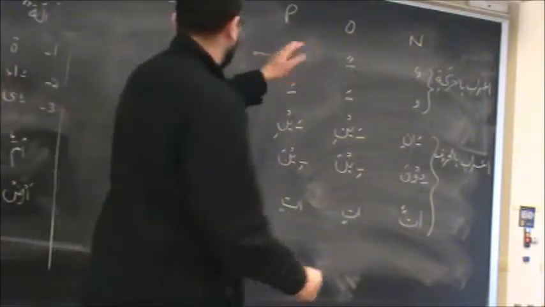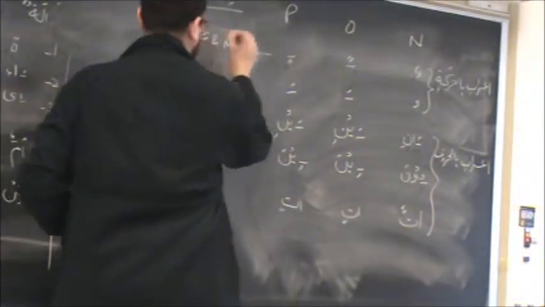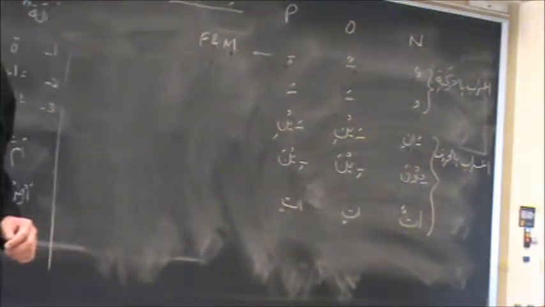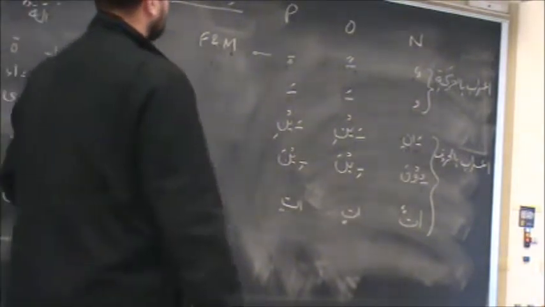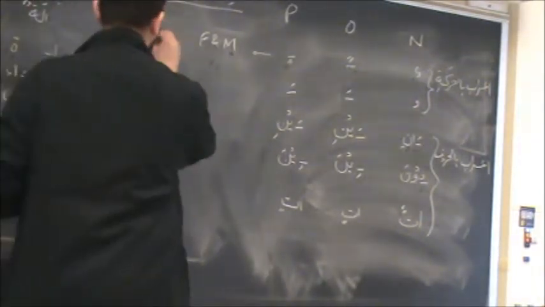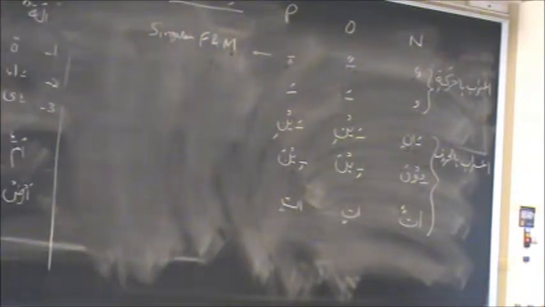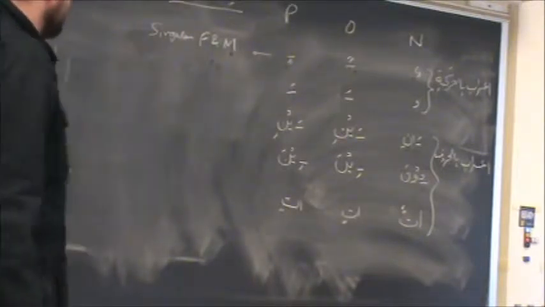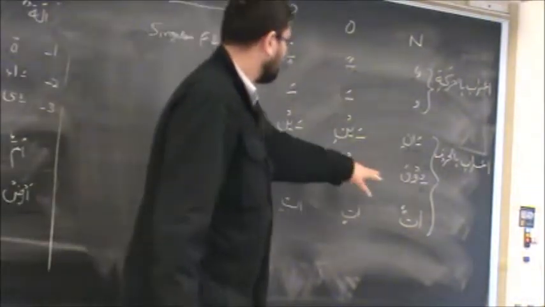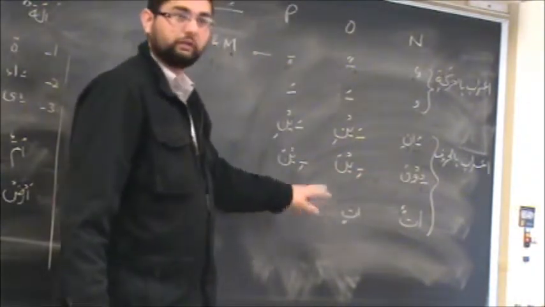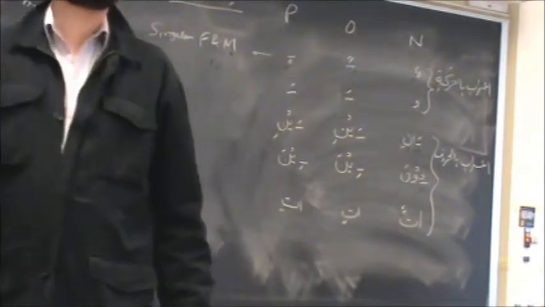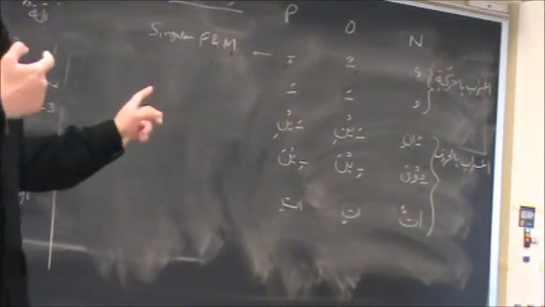So both masculine and feminine can have it, right? The other thing is that singular words have this i'rab like this, sadiqun, sadiqatun. Both are singular. If we talk about plurals, they don't have these. But there are one kind of plurals that can have this i'rab, and which are those plurals?